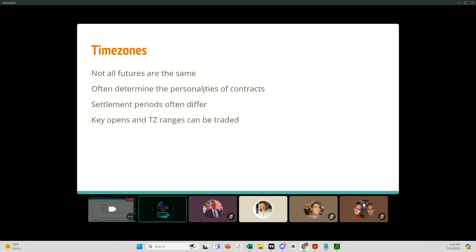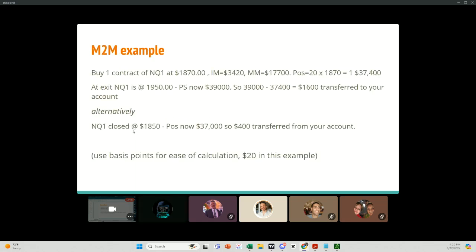The alternative, of course, is that it goes down a bit. So if you had a standard type stop loss of maybe 20 basis points or 25 basis points or so, the position would now be 37,000, so you would have $400 transferred from your account. And that's the sort of risk to reward I try and look for, about 4 to 1.